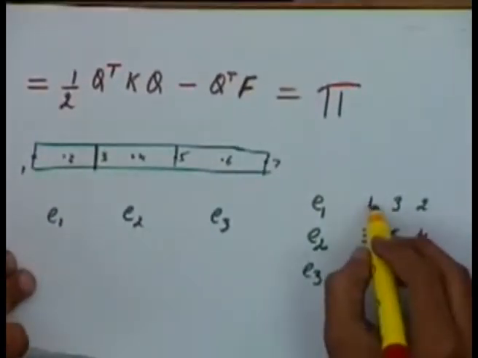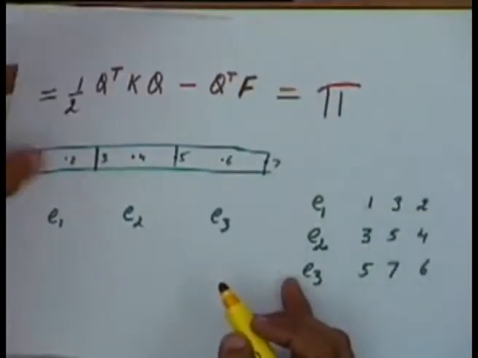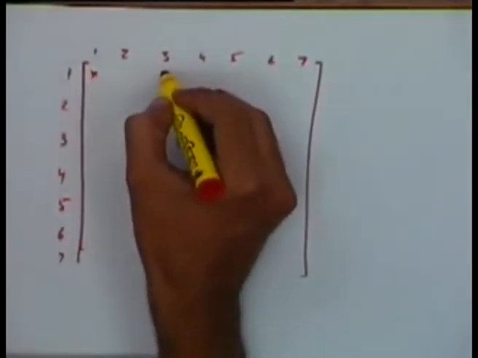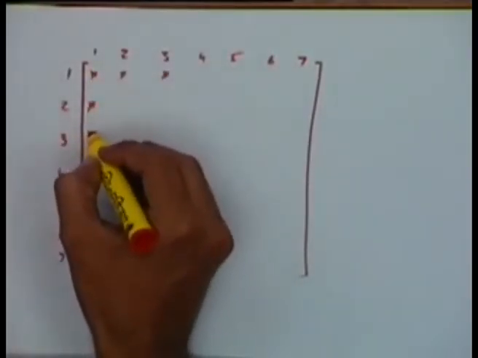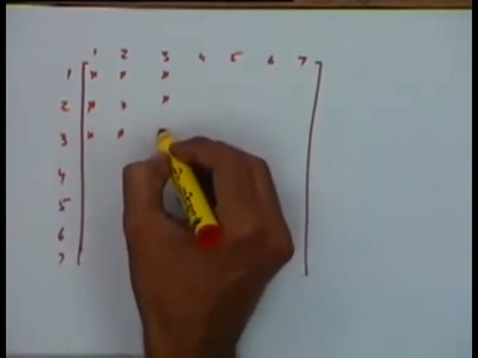My first element is defined between nodes 1, 3 and 2, so the first element will be defined at these locations.